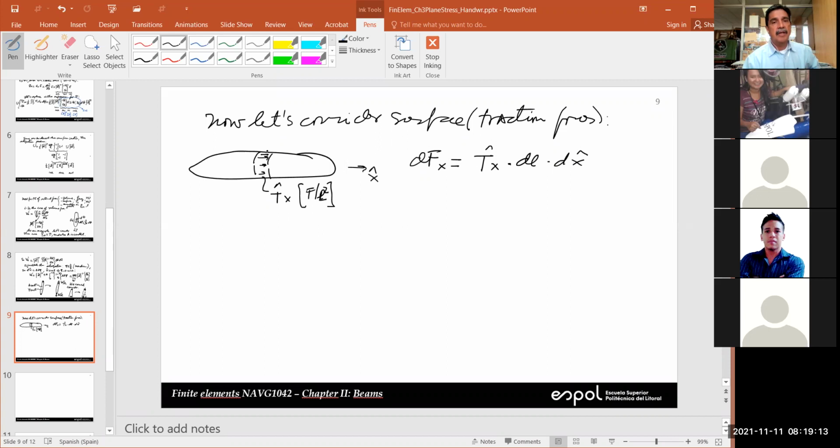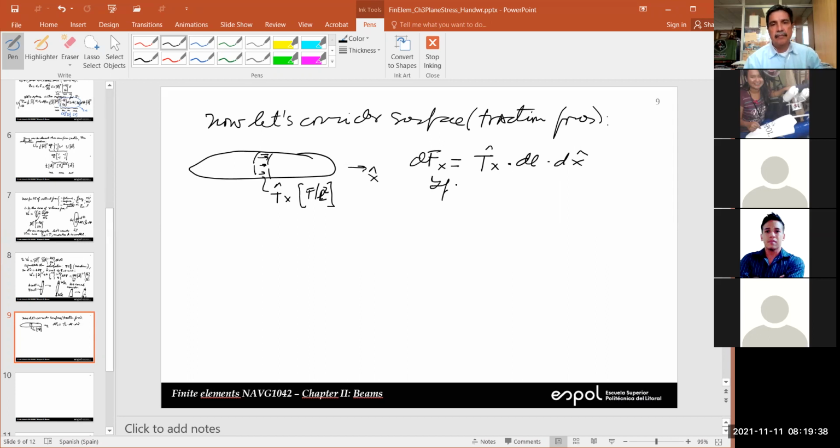Okay, so it's the same variation. What happens if we do not consider that? Well, in that case, we're going to have a bending. If we pull more from this side than from this, it will bend. And we'll consider the simplest case. So usually we consider that Tx can depend on X, but usually we assume that it doesn't depend on L.